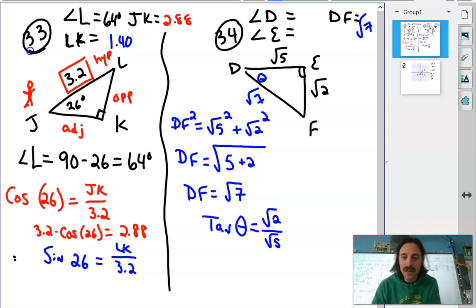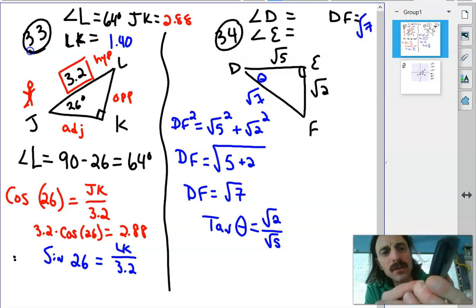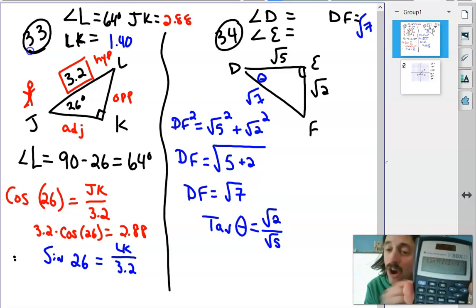The other way to do it is to do the arctangent of the square root of 2 divided by the square root of 5 into my calculator or my phone. Let me scroll over so you can see the very beginning. You'll notice instead of saying tangent, it says arctangent.